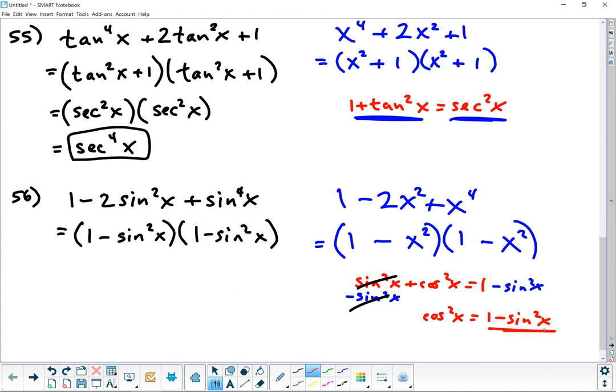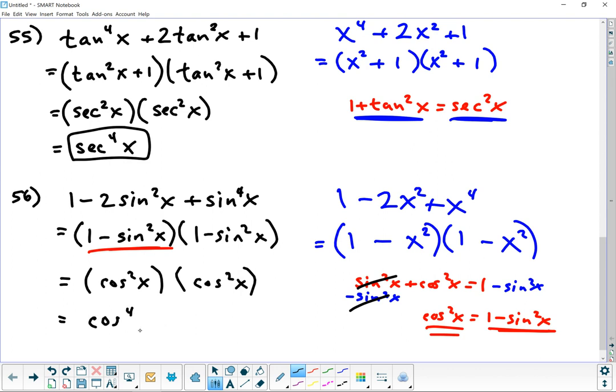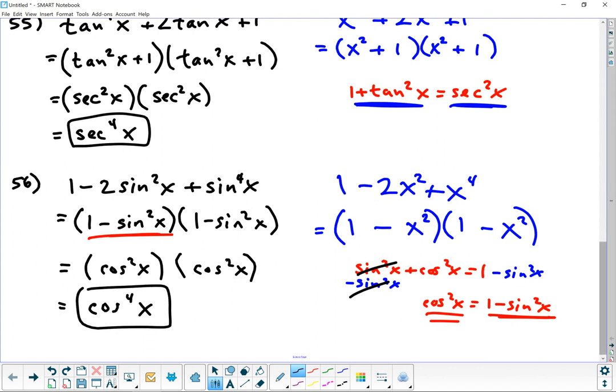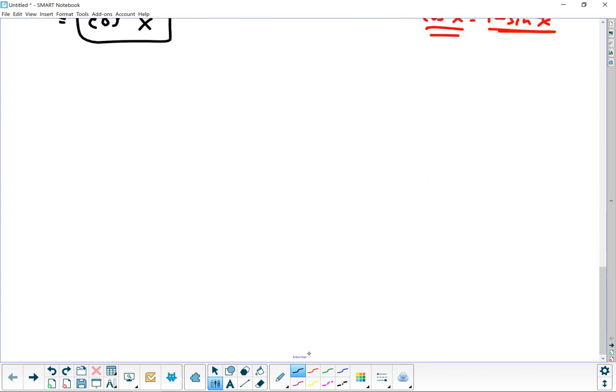Meaning instead of writing 1 minus sine square x, we can write cosine square x. So finally, we have cosine square x, and the same thing again, cosine square x. Or better yet, cosine to the fourth power of x. That's 56. If you need to pause it or review it, do it.